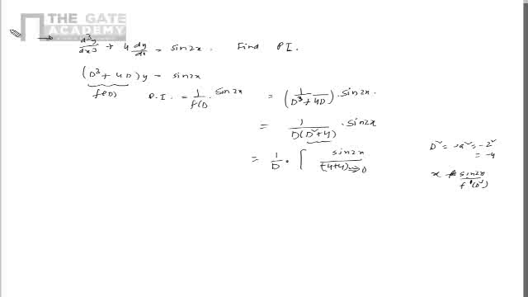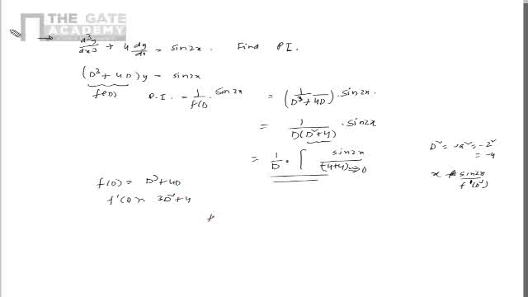So how do you take f dash D square? Okay, so this is not valid. So now f of D is your D cube plus 4D. Let's take f dash D, it will be 3D square plus 4.